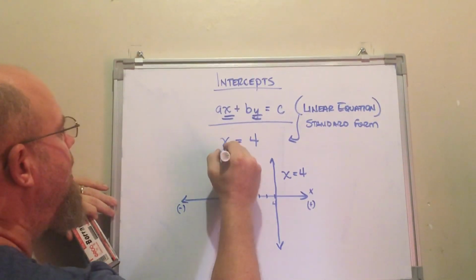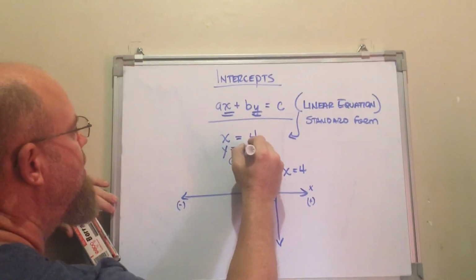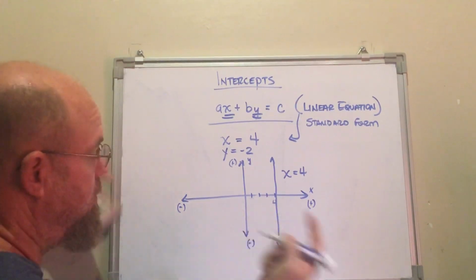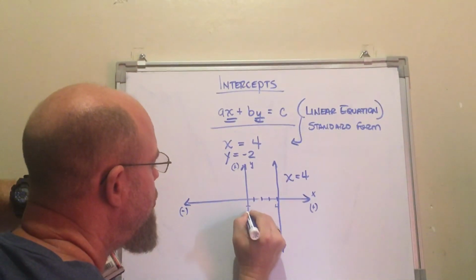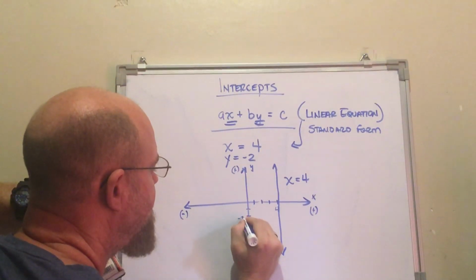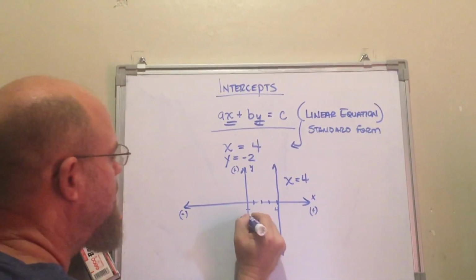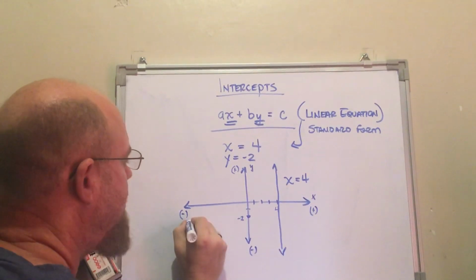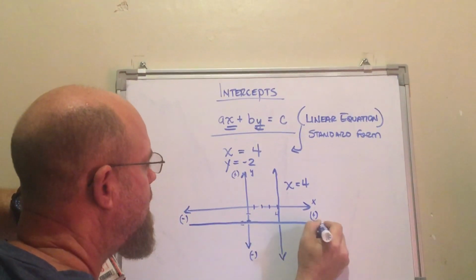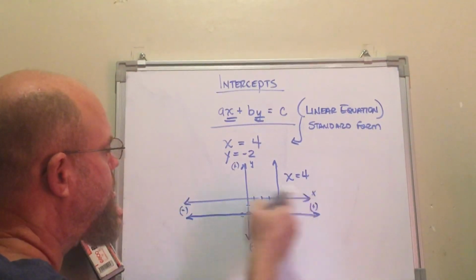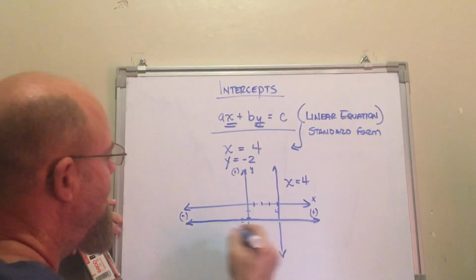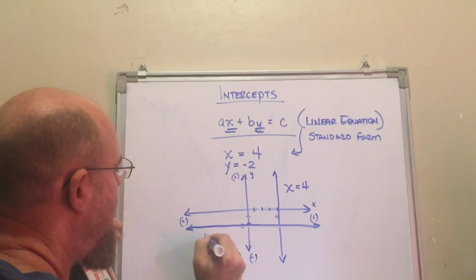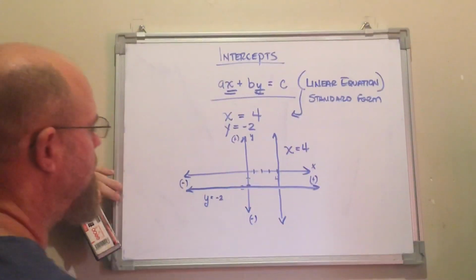Well, what if I had y equals negative 2? Well, we do the same thing. So you find negative 2 on the y-axis, you put a point right there, and you draw a line parallel to the x-axis or perpendicular to the y-axis. This line right here is y equals negative 2.